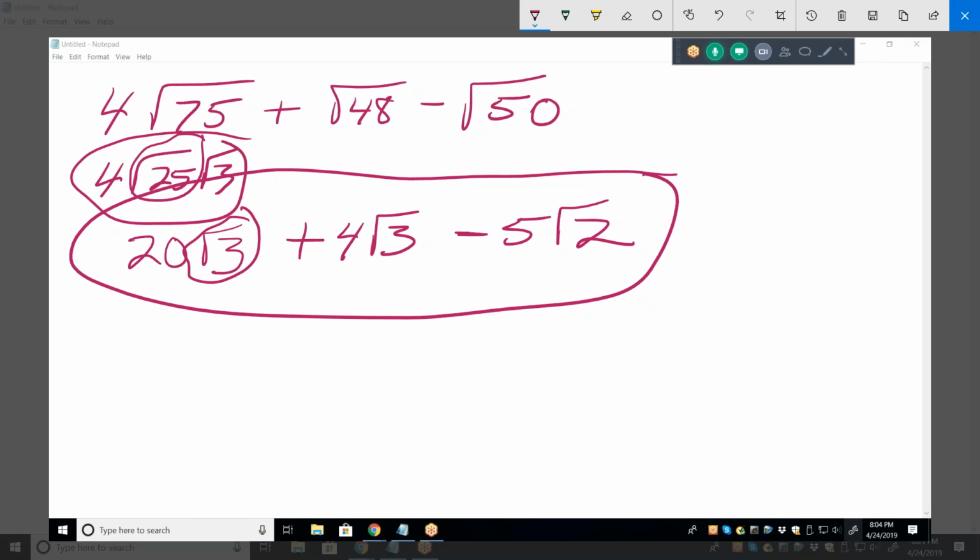Okay. Now let's simplify that as much as we can. How many root 3's do we have? We have 2. What are they total? Because they're both apples. That's an apple and that's an apple. This is an orange over here. We can't add it, but we can add apples together. How many total apples do we have?